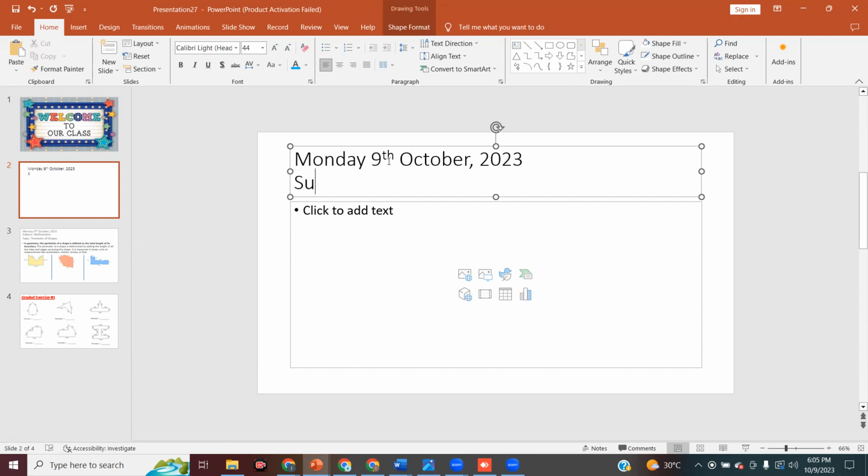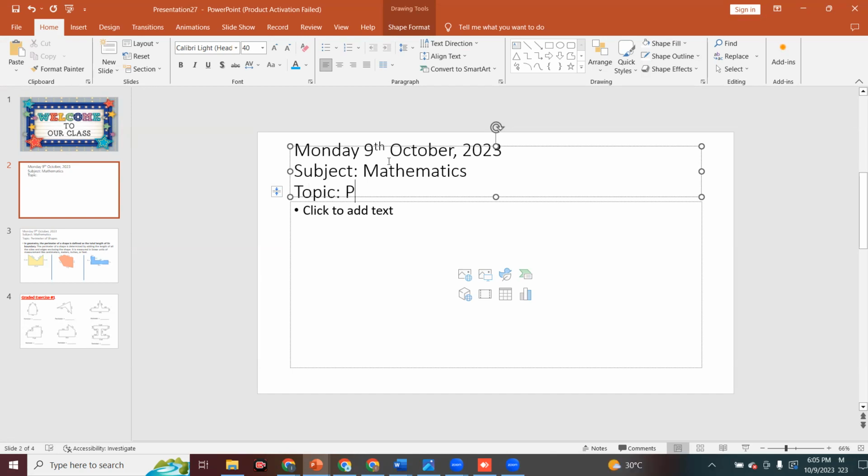The subject, of course, is mathematics. And the topic for today is perimeter, but it's in the general theme of mensuration.